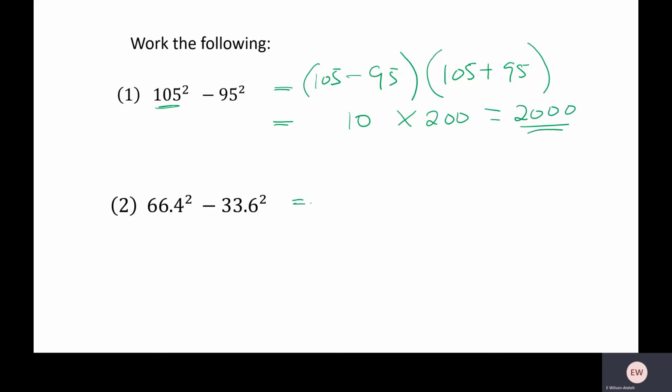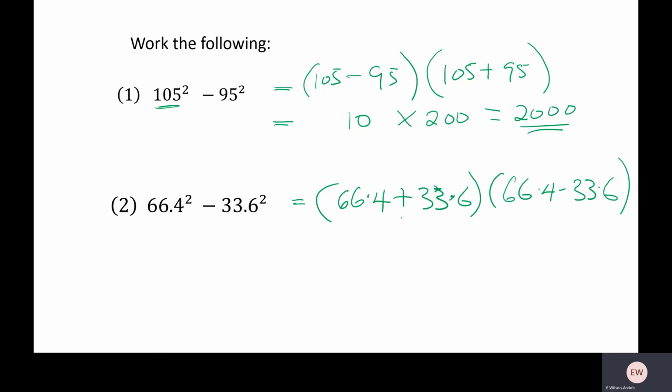Let's look at the second one. This is difference of two squares, because we have something squared minus something squared. So we just write 66.4 plus, this time let's try the plus first, plus 33.6. And then the second bracket, we have 66.4 minus 33.6.